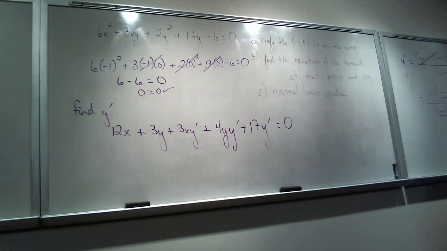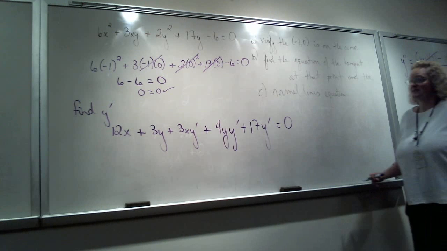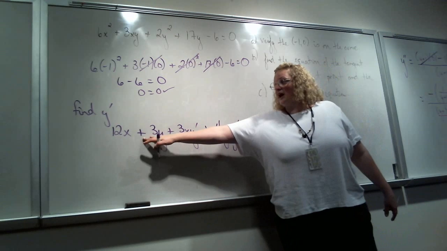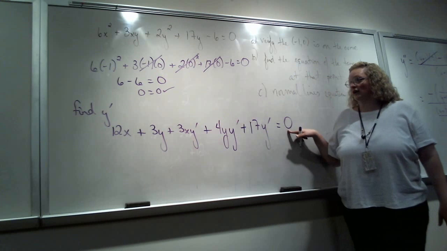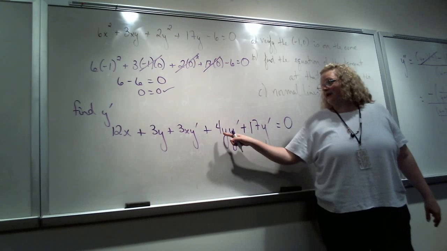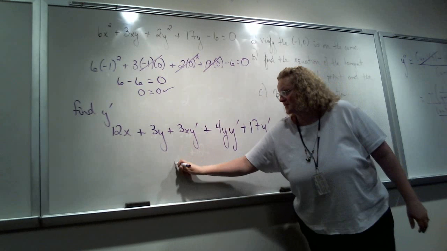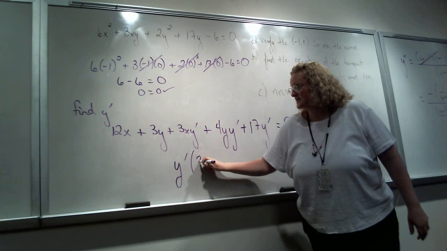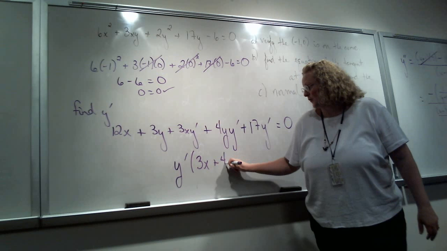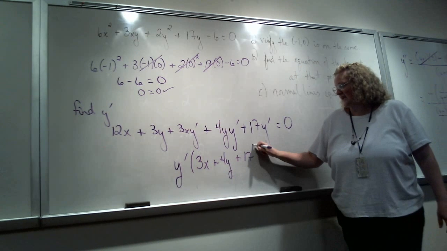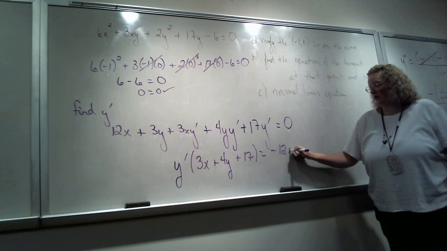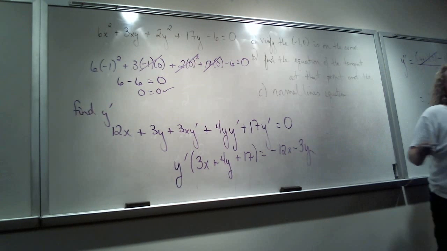So now we got to solve for y prime. In order to solve for y prime, what happens? These first two guys come over here, and what happens with the other three? You can factor out a y prime, so hopefully I don't lose anybody. Y prime times 3x plus 4y plus 17 equals -12x minus 3y.